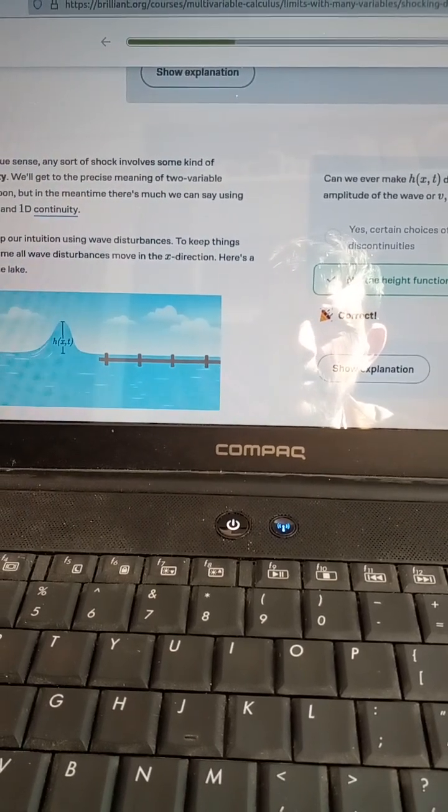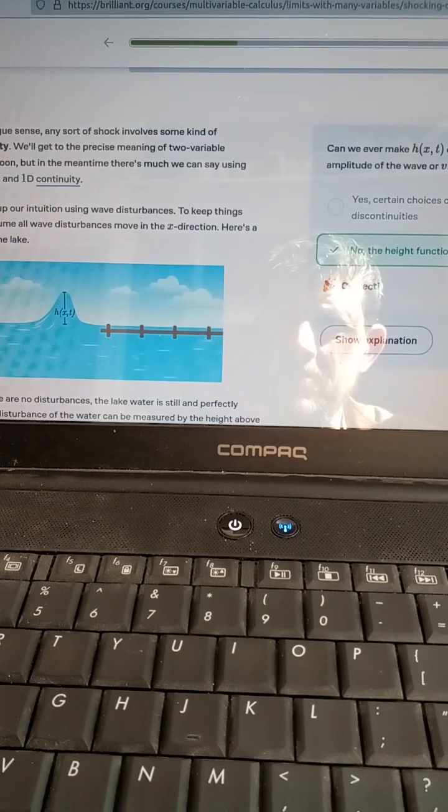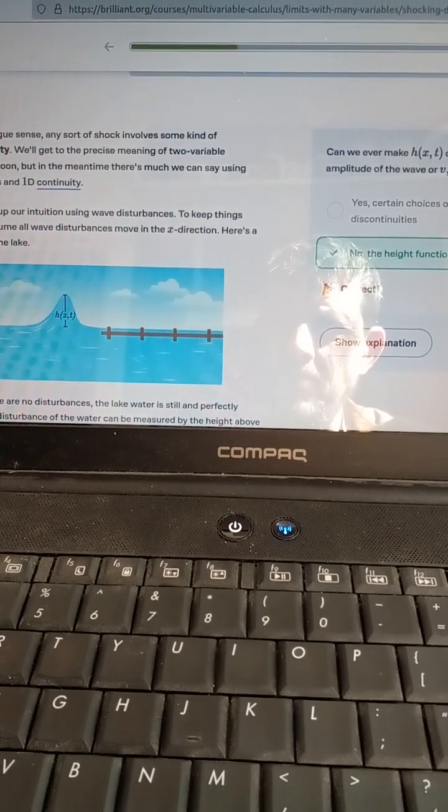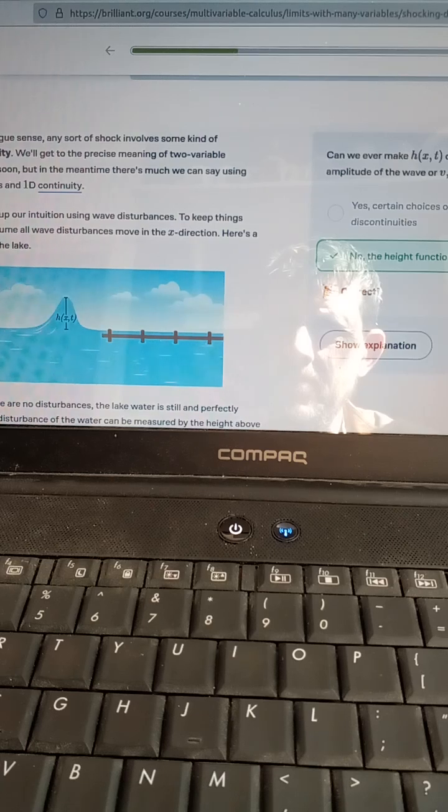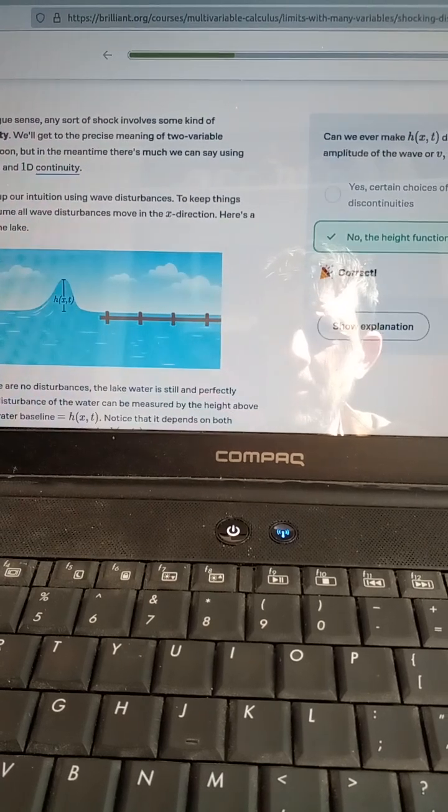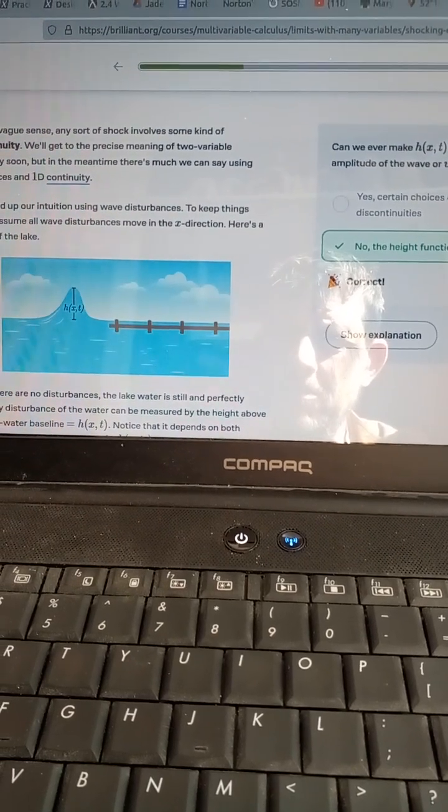So this is about discontinuities, and something called one-dimensional continuity.